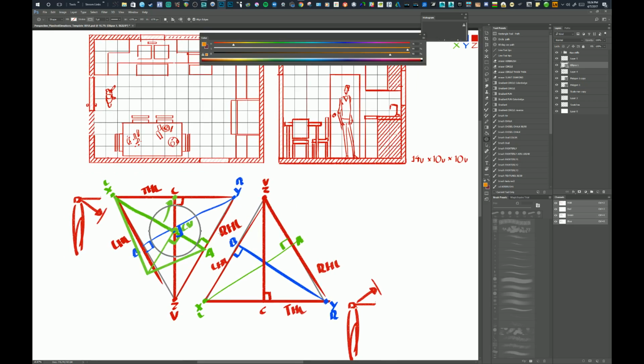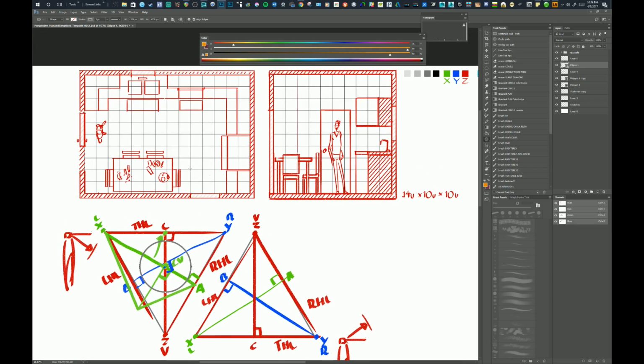Okay, so that is the basics of three-point perspective for sketching. I will use this in part 2, which is coming up in a minute, in order to sketch the space that we've developed up here in this topographic map, or in this plan view and elevation.